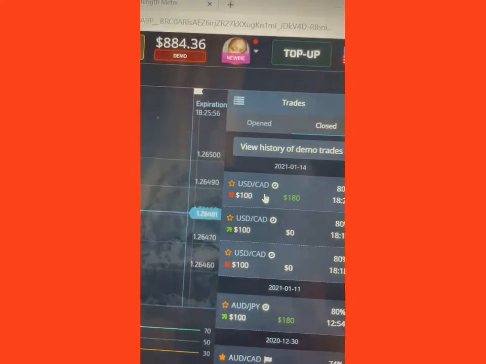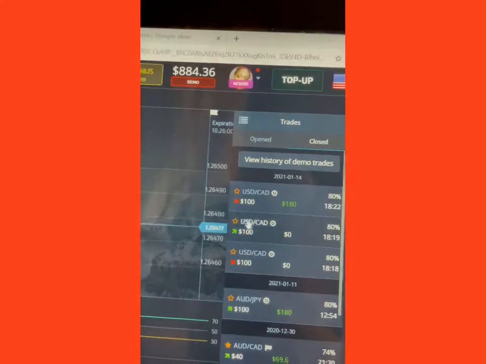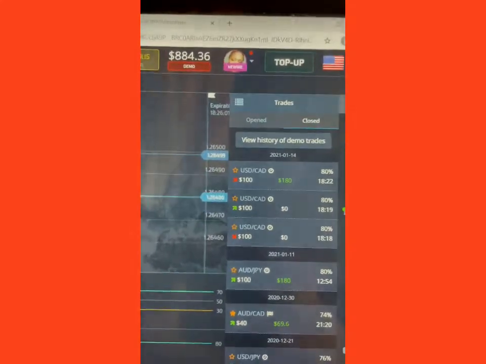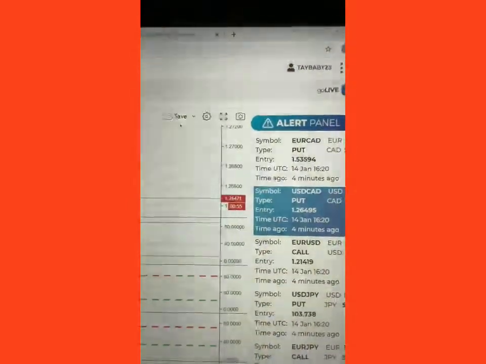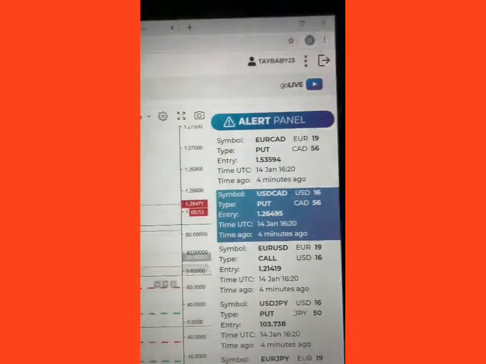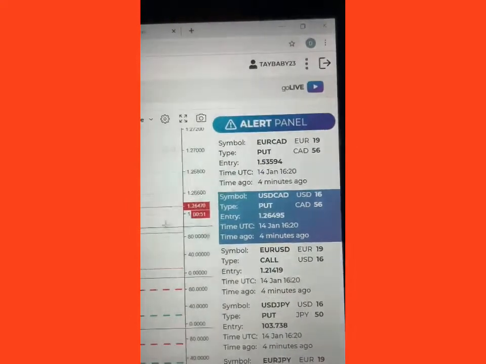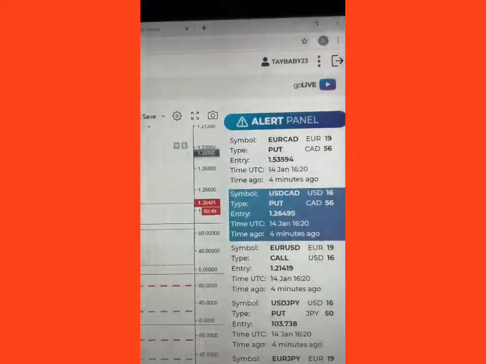So the reason why I didn't start over and delete the ones we lost right underneath of this, I'm just trying to show you how the market works. Most of the time when the market fakes you out, it's just setting up for the next 5 minutes, right? Because you're trading on a 5-minute time frame, but each one of these candles is representing one minute. Let me show you.